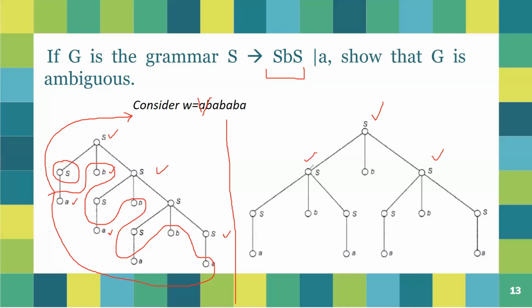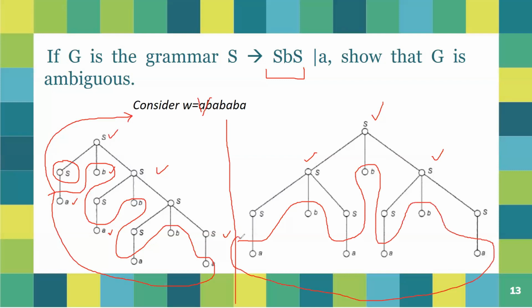So here we are trying to expand this S by SBS again. So this S is replaced by SBS, and this S is replaced by A. After concatenating all the leaf nodes from left to right, we can find the string. So finally, the outcome string will be the same as the considered string, right?